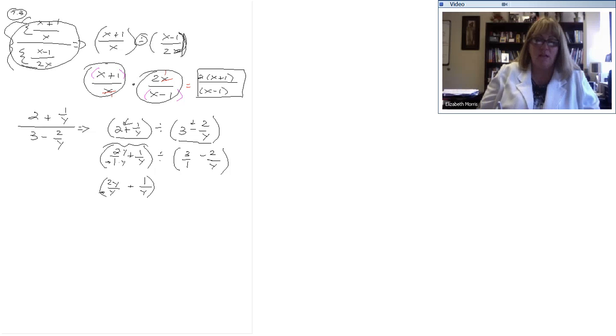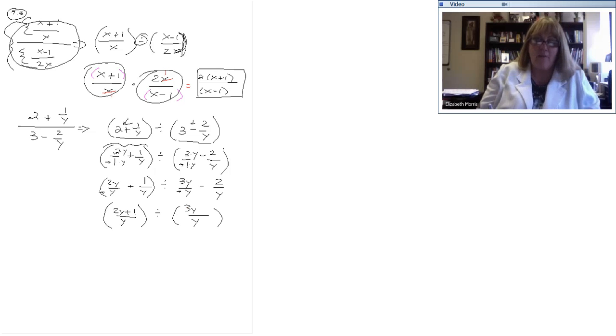Bottoms are the same, and I get 2y plus 1. Okay, divided by, again, what's the common denominator here? Y. What do I need to do to go from this to this? I need to multiply by y. I do the same thing to the top. This one doesn't change. So now denominators stay the same, and I do numerators.